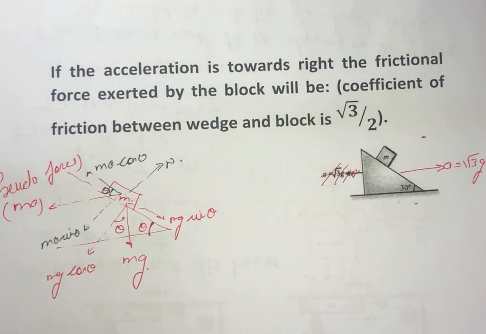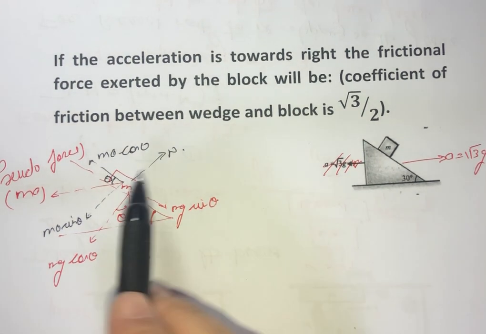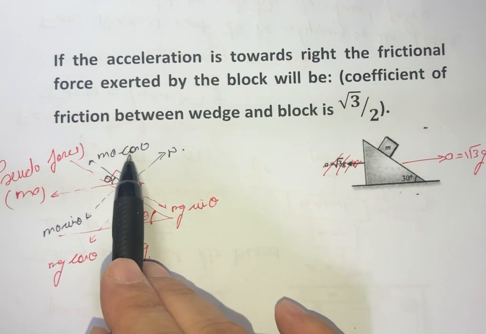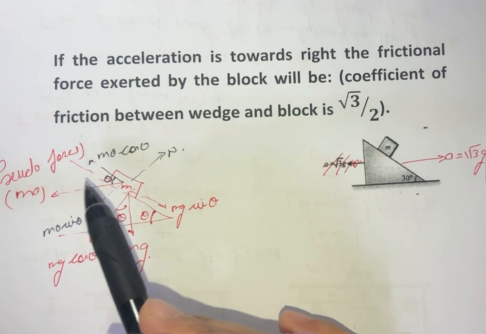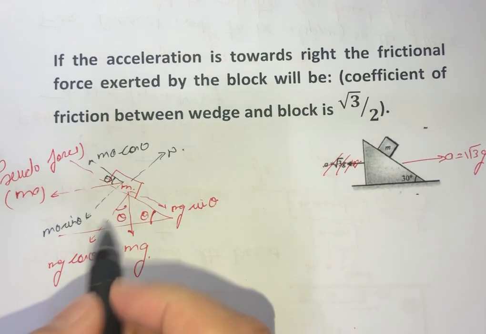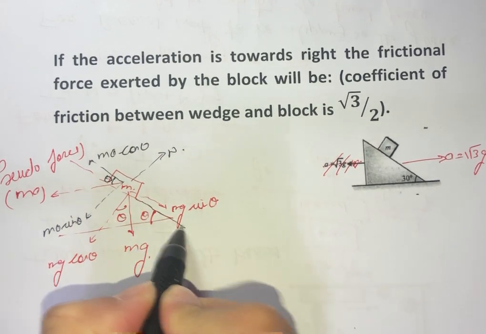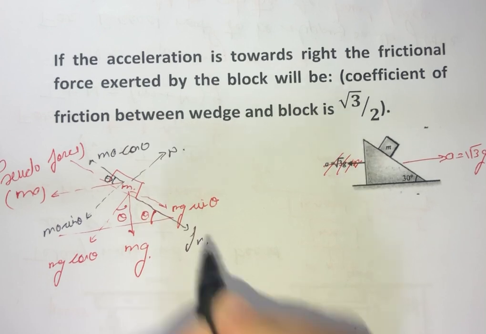Okay. Now we say that because of the pseudo force ma cos theta, the block is trying to move upward along the inclined plane. So we are going to have a frictional force Fr in the downward direction.